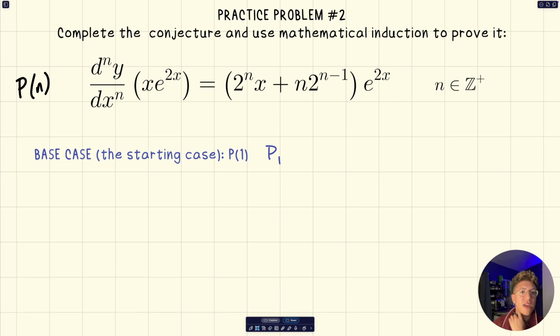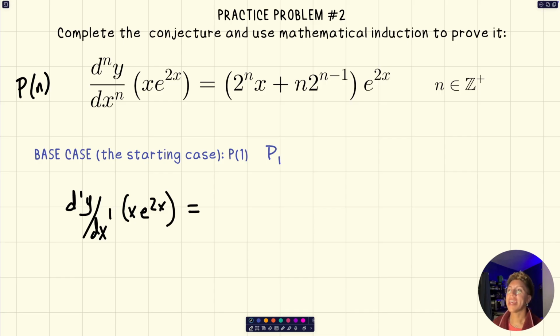This would be our proposition with n equal to 1. We'd say this is our first derivative. So we can say the first derivative of x e to the 2x, according to this proposition or formula, is 2 to the 1, which is 2, times x.